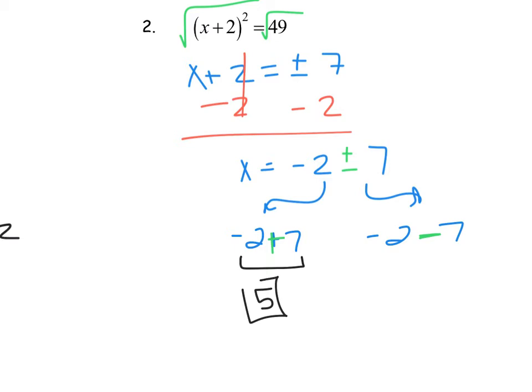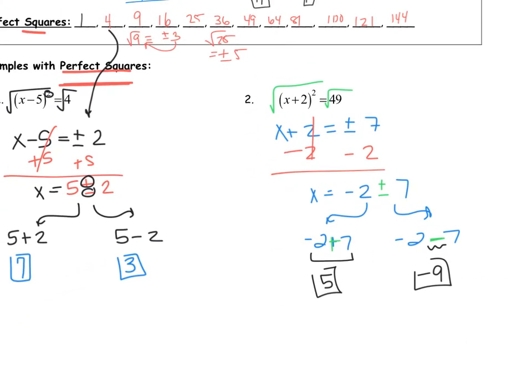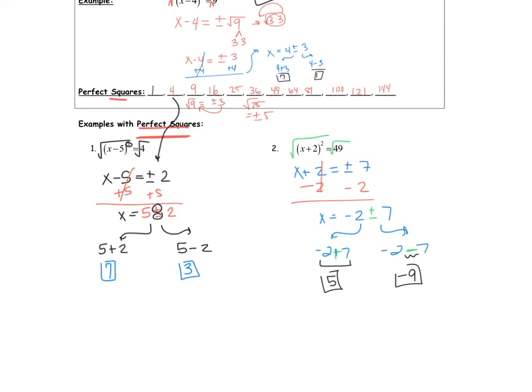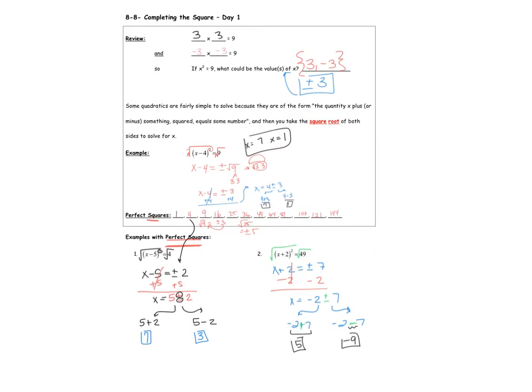You should only be using it if you absolutely need to. The SAT actually has a section on the test where you're not allowed to use a calculator. Negative 2 minus 7, traveling deeper into the negative numbers, is negative 9. I have 2 distinct answers: x equals 5 and x equals negative 9. If you missed anything, write it down now so we can go on to the next page.